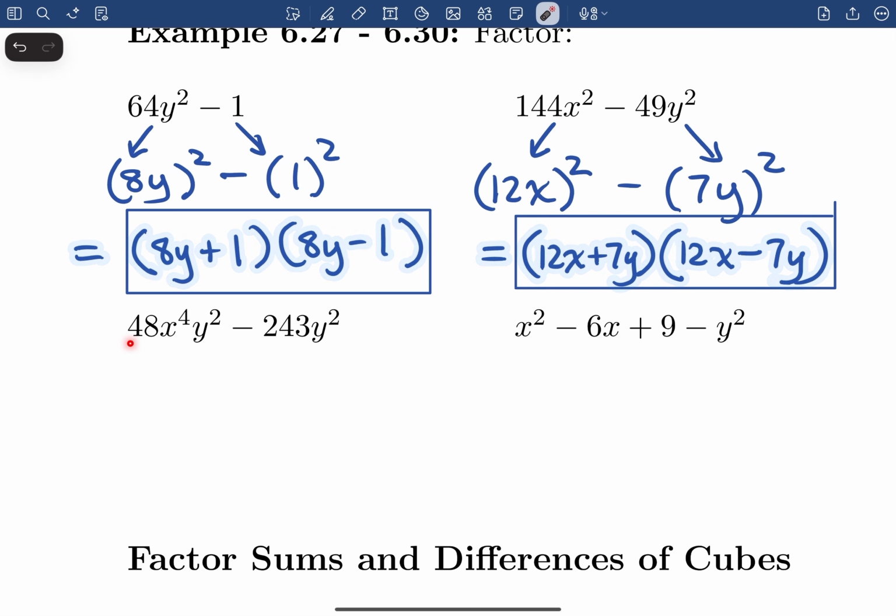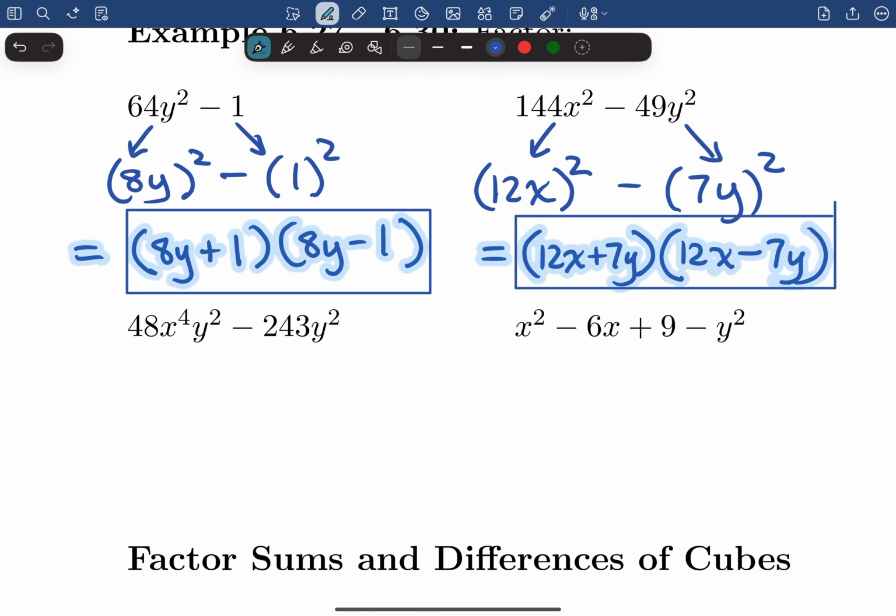Why would I do that? Well, because these aren't perfect square values. 48 is not a perfect square. 243, not a perfect square. Those weren't on our lists. So perhaps there's a GCF that we can factor out first. And so I think for a second and I say, what is the GCF of 48 and 243? And you might pick up a calculator and start dividing, and you would come to the conclusion that 3 is a GCF of these things.